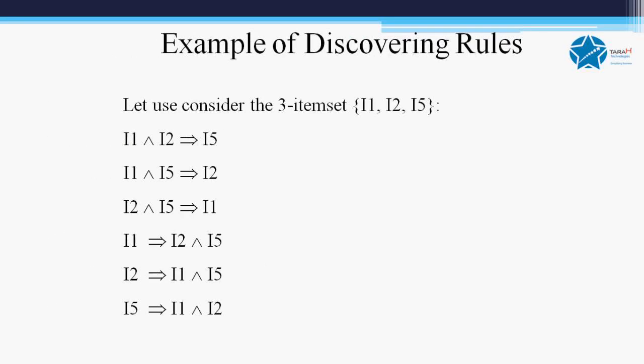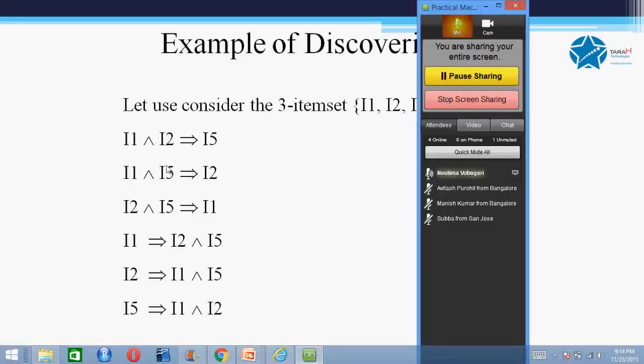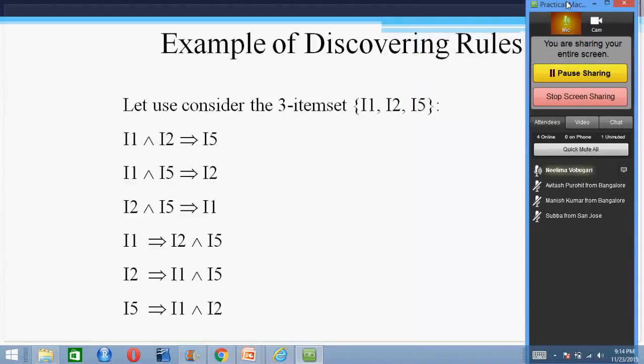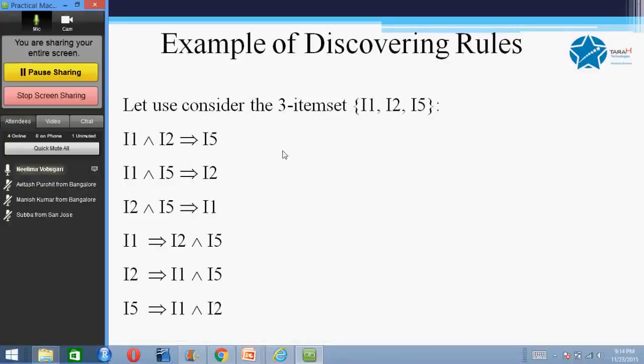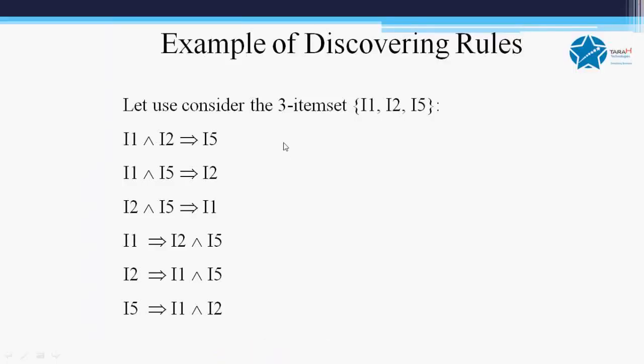Ultimately, when we generate this rule, we are left with an item set, but then we also want to consider, within the item set that is discovered, the set of rules that you want to output as satisfying your confidence. That is where you start looking at permutations of the item sets that you output from your previous stage. Take the item set I1, I2, I5.